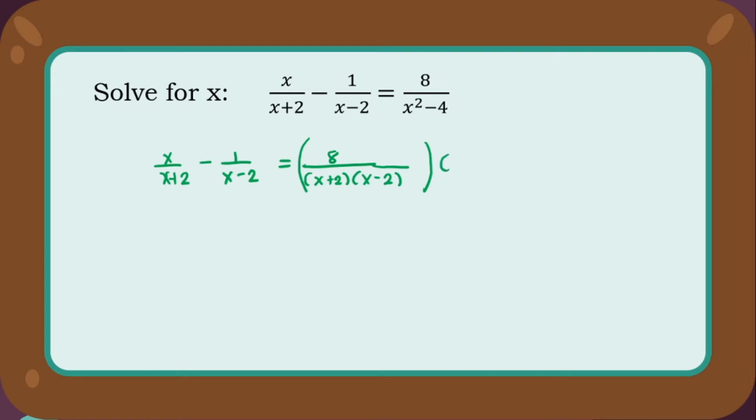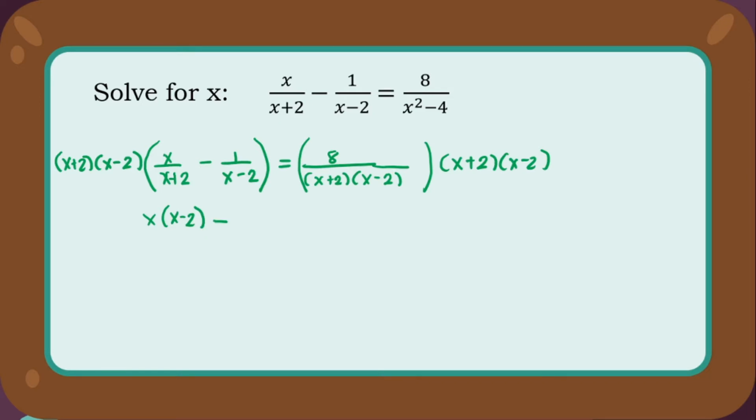So, let us now multiply. Multiply both sides by x plus 2 and x minus 2. On the first term, if we multiply by the LCD, x plus 2 will cross out, so what remains is x times x minus 2.